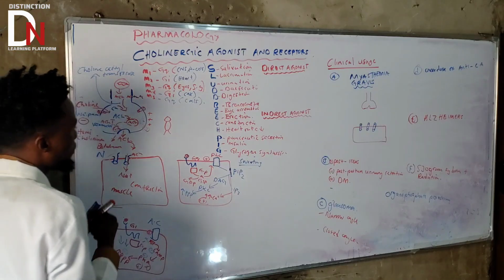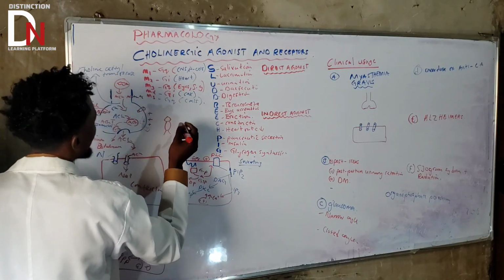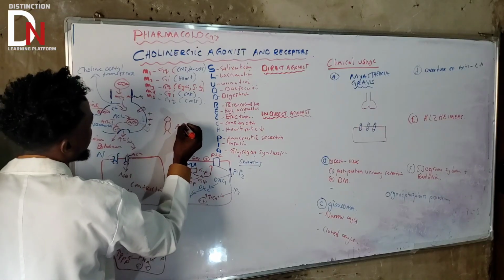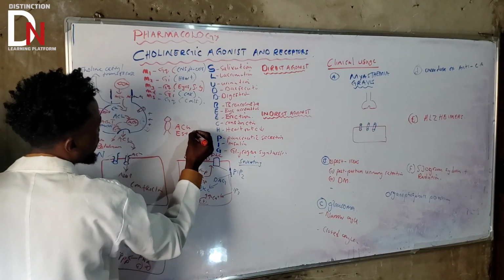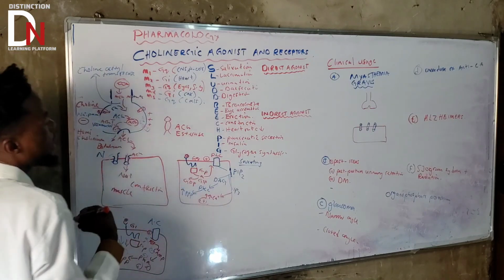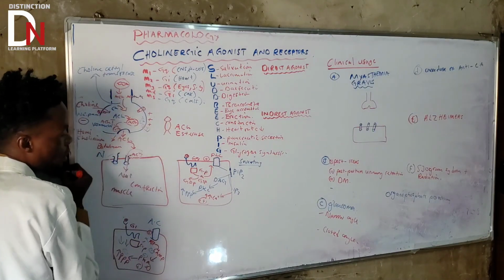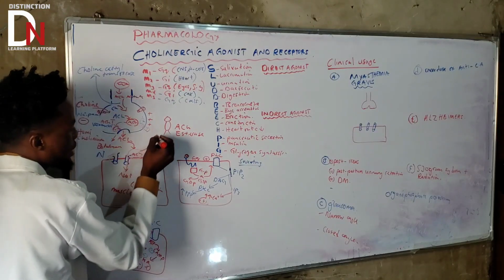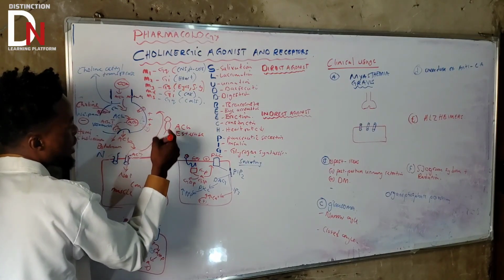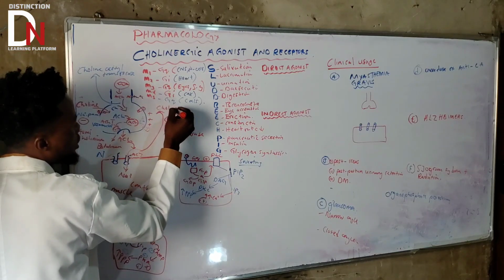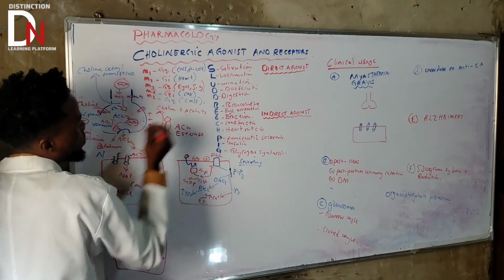So what is this enzyme? We call it acetylcholine esterase. Very important, because when acetylcholine's work is done, it will be destroyed by acetylcholine esterase into choline plus acetate.